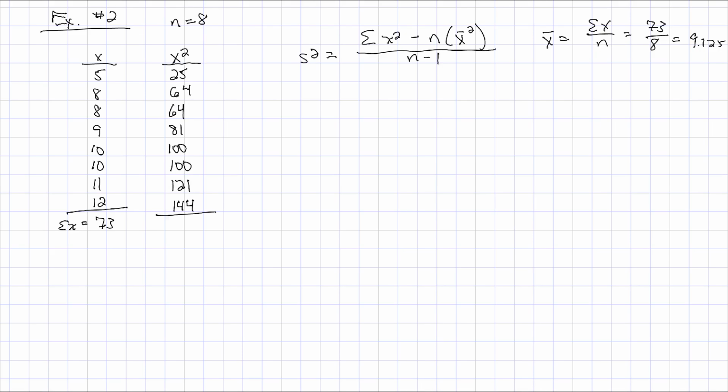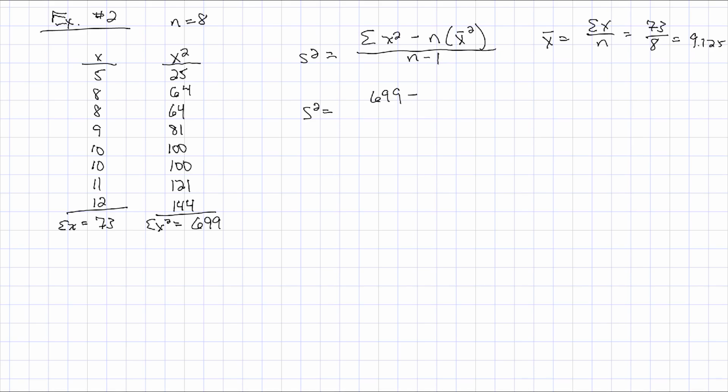So those are our x squareds. We will now add up that column. I get 699. So I have 699 as the sum of our x squared.